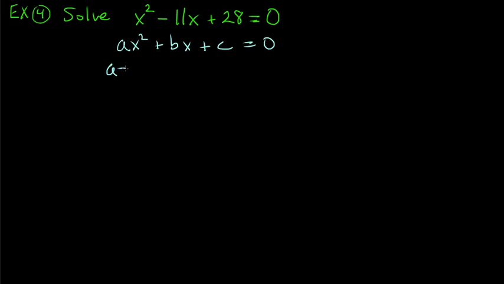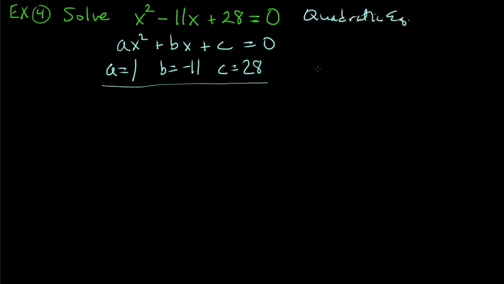In this case, a is the number in front of the x squared, which is a 1. So a is 1. You usually don't see it, but it is there. B is negative 11, and C is positive 28. So when you can recognize what A, B, and C are, then you know it's a quadratic equation in standard form.